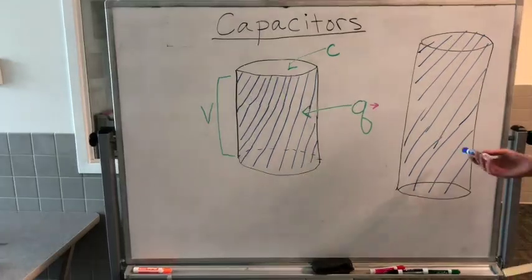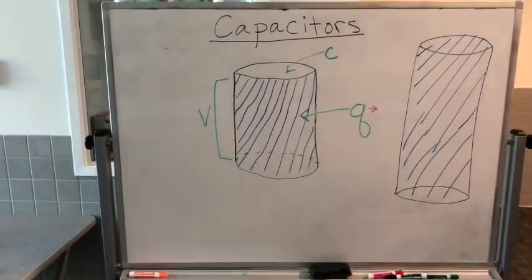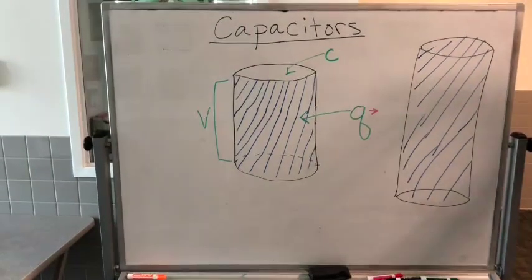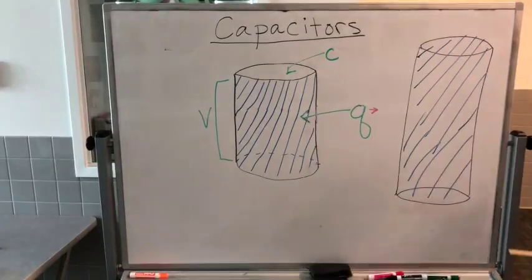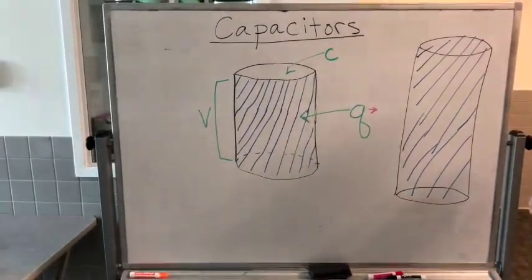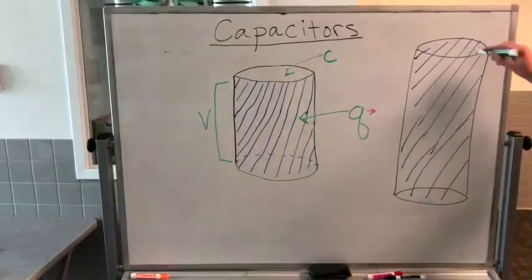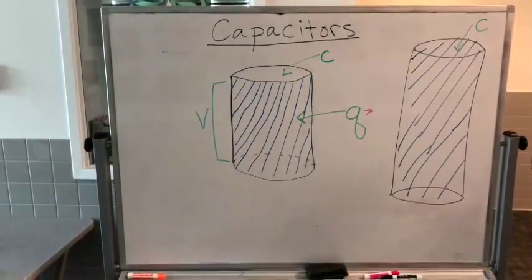So in this analogy, if we double the amount of water in it, the water will just fill up more of the bucket, so the water will be filled higher in the bucket. However, the actual surface, or the cross-sectional area of the bucket, will not change, meaning that our capacitance will still be the same.